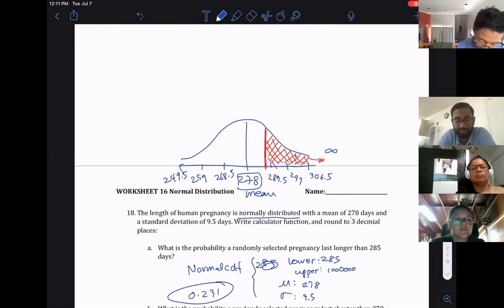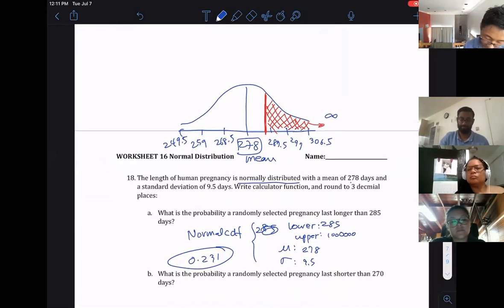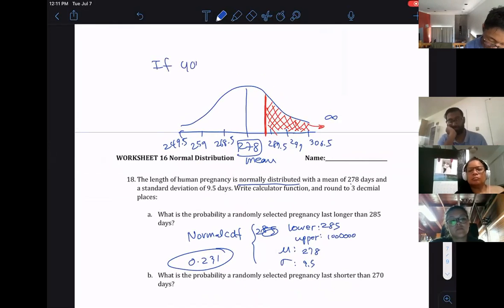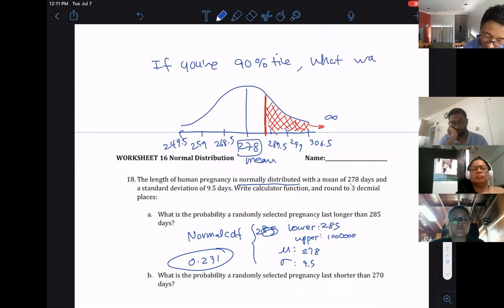I'm making up a question. If you're in the 90th percentile, what was the length of the pregnancy?